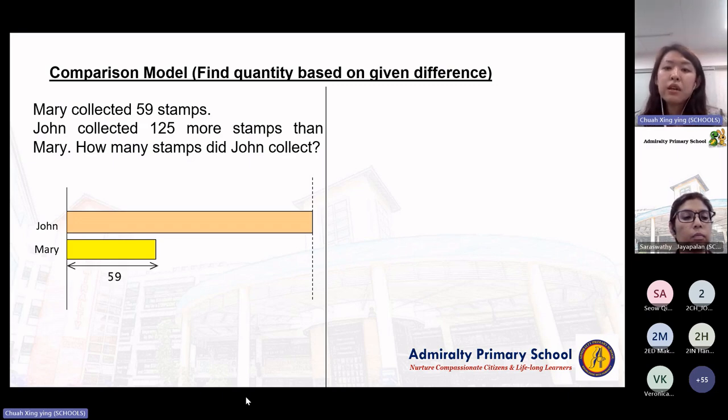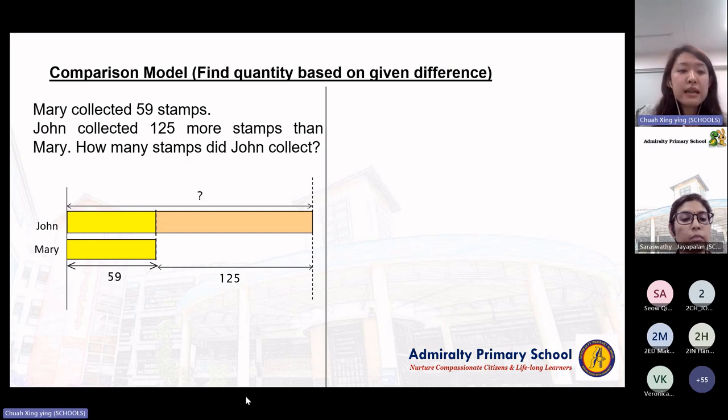We know that John collected 125 more stamps than Mary. So John has a longer bar. When we look down here, we know that the yellow bar is the same, 59, but John has 125 stamps more. We want to find out how many stamps did John collect. So 59 plus 125 equals 184.